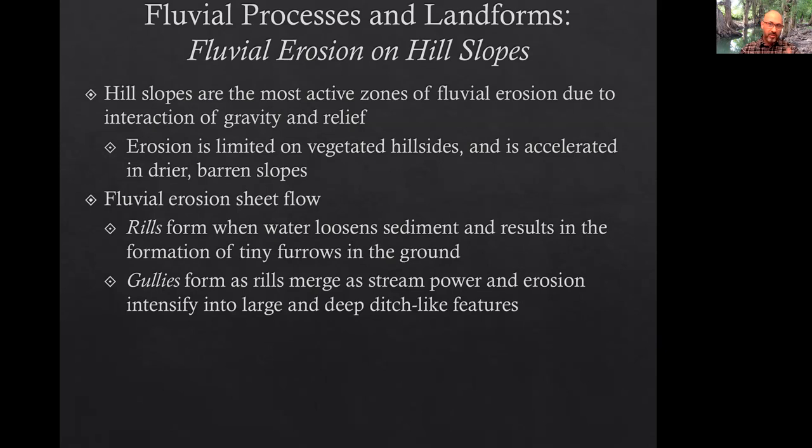Gullies form as those rills eventually merge together and create wider and wider and deeper channels. It starts to spread out horizontally as the slope wears down, right? The rills form, and then as they carry more material away, the slope of the region or landscape there is reduced, and it widens out to form gullies that eventually may lead to ravines and canyons.